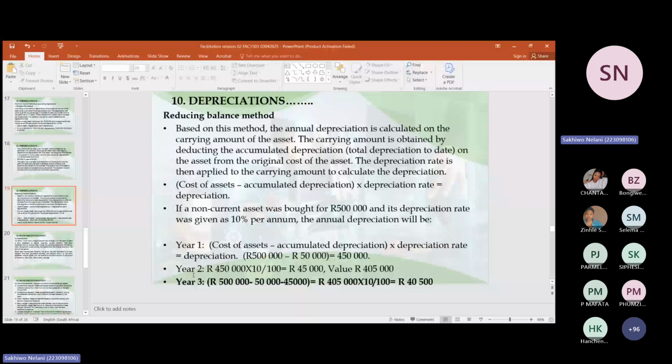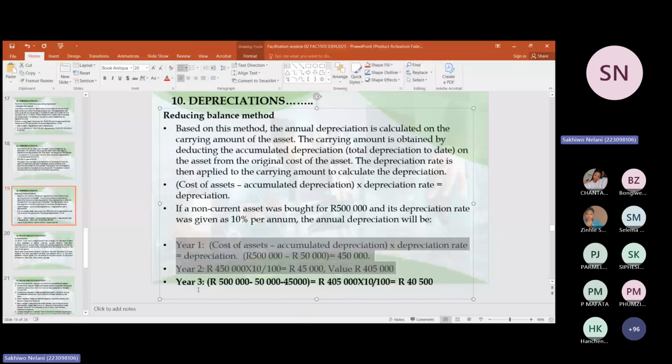You must know what is expected from you. Even if you are not given this but are required to calculate year 3, know the process that is expected to be followed. So that is how you calculate the depreciation. We're using the straight line method. We're also using a reducing method, which is a balancing, diminishing method or reducing method.